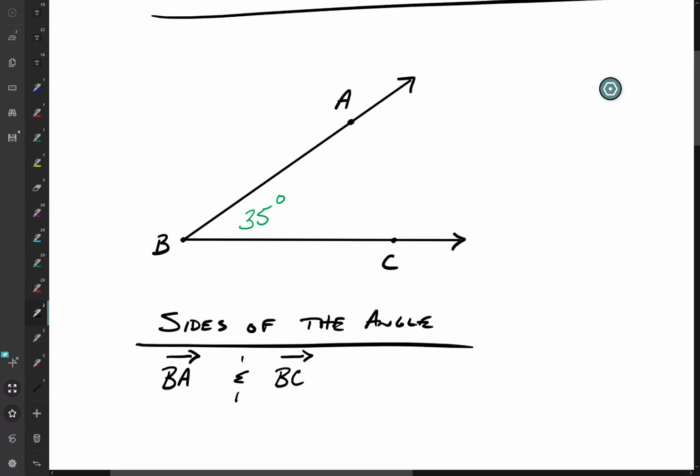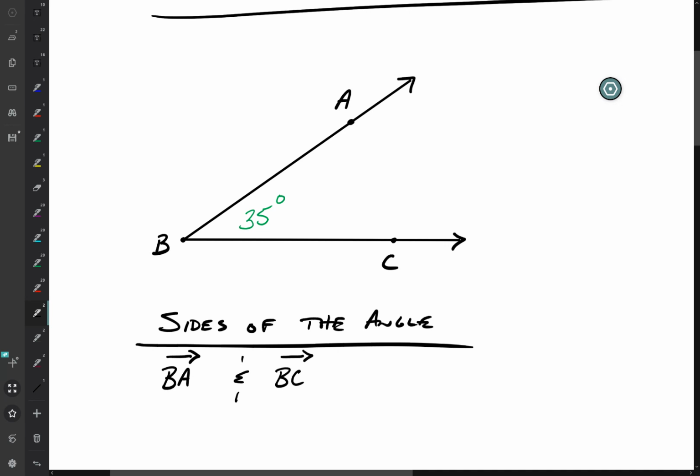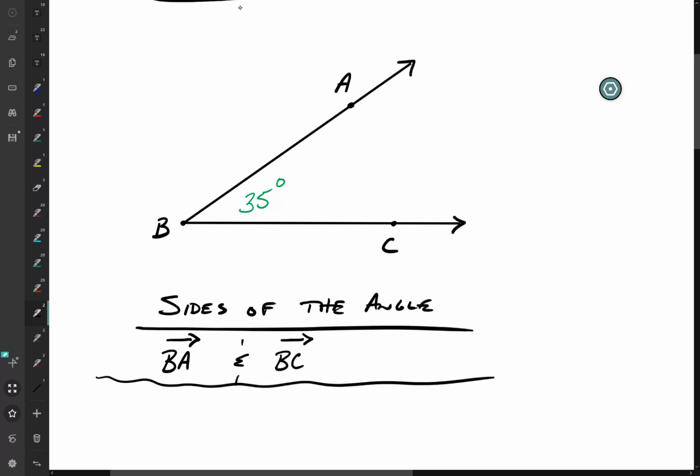Notice how I only have one arrow on the ray? What's the vertex of the angle?